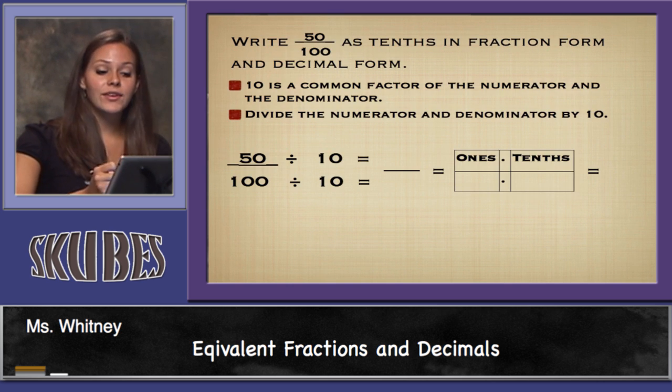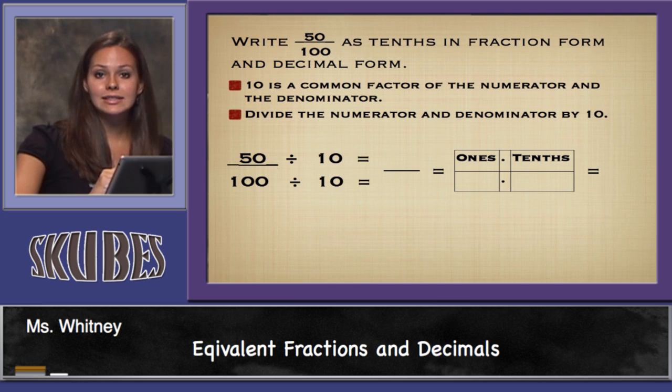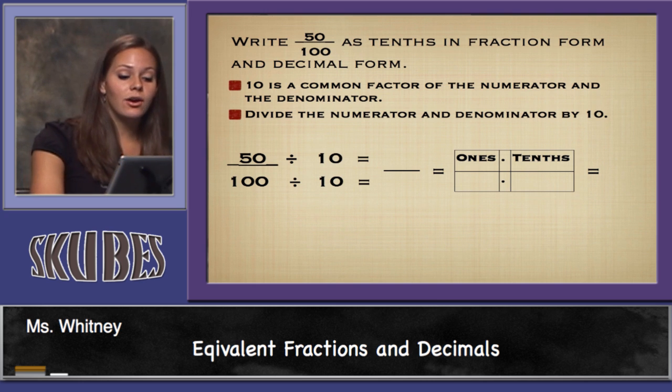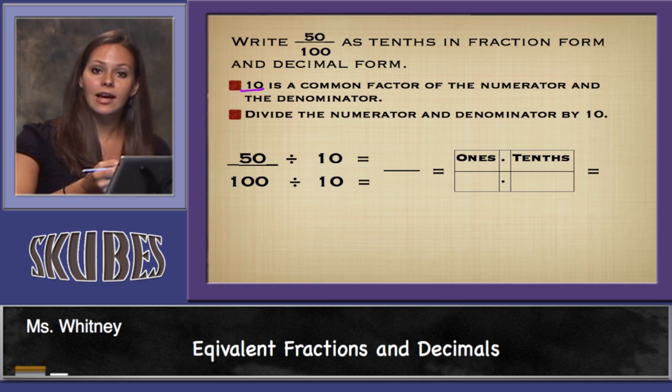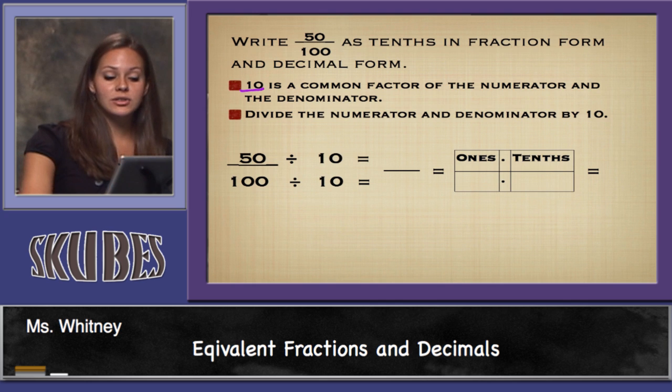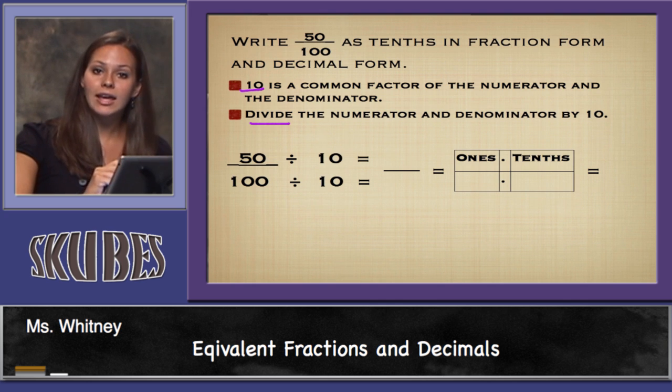Now we're going to write 50/100 as tenths in fraction form and decimal form. We know that 10 is a common factor of the numerator and the denominator in 50/100. So we're going to divide the numerator and denominator by 10.